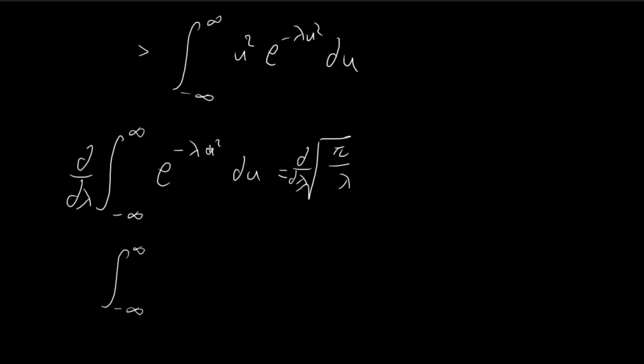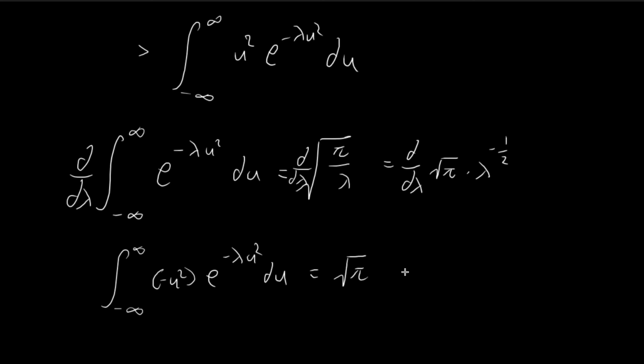Differentiating this e term, I will be treating lambda as the variable, so negative u squared is just a constant, so we have negative u squared e to the power of negative lambda u squared du. And on the right-hand side, we have the derivative of square root of pi times lambda to the power of negative 1/2. So the right-hand side just becomes square root of pi, negative 1/2, lambda to the power of negative 3/2. And then you can see that these negative signs cancel out.